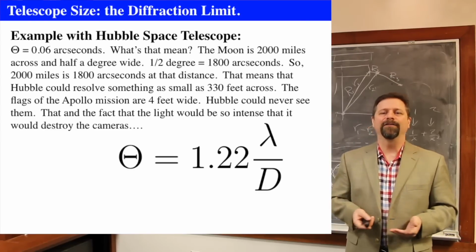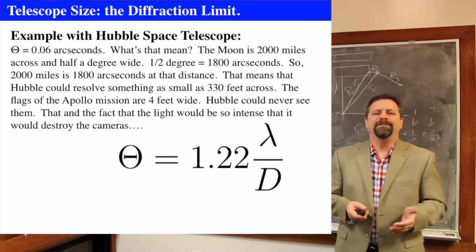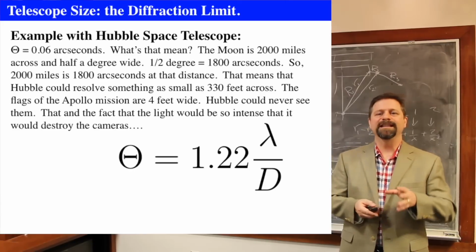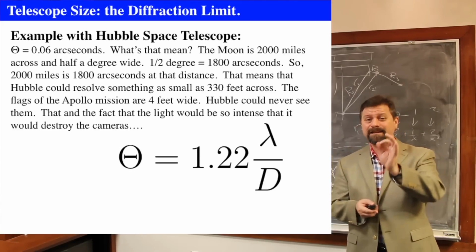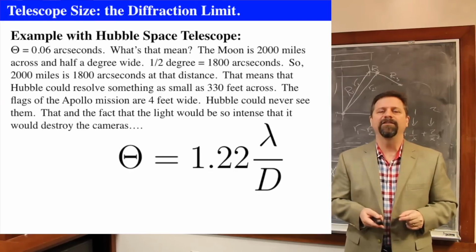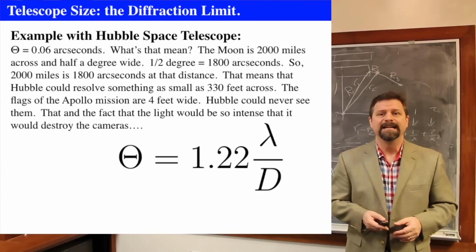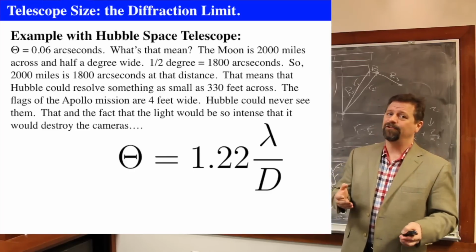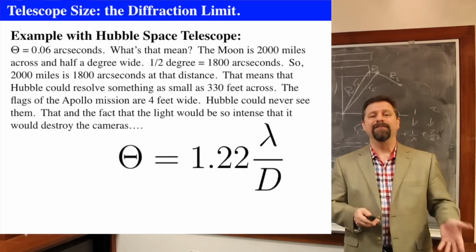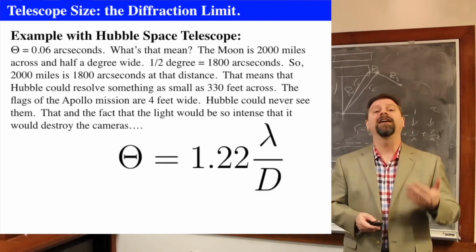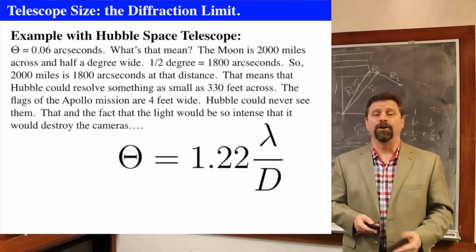Since it's 2,000 miles across, in 1,800 arc seconds, the Hubble could, in theory, resolve something as small as about 330 feet apart because of the diffraction limit. The flags of the Apollo missions are about 4 or 5 feet wide, so we're never going to resolve the flags using the Hubble Space Telescope.